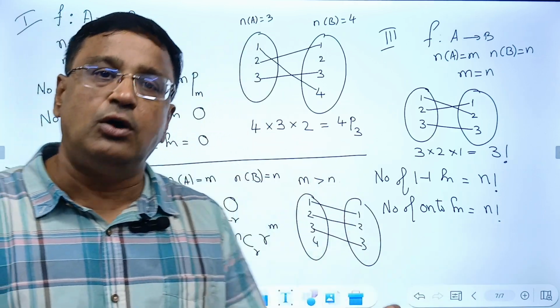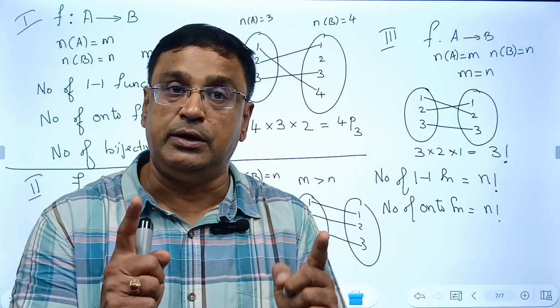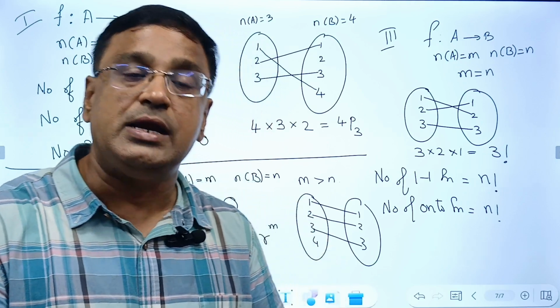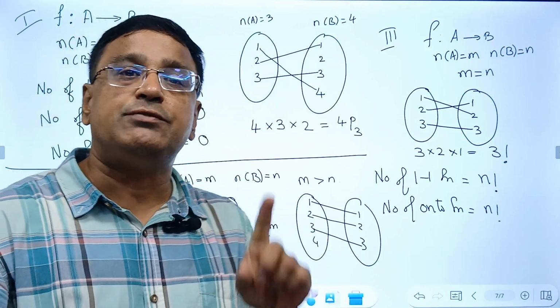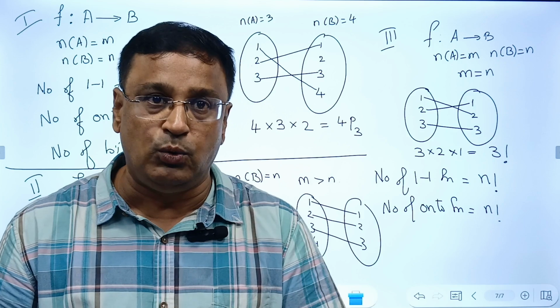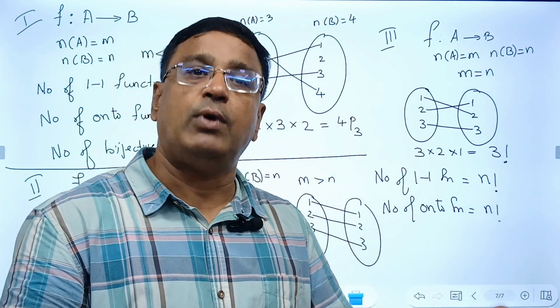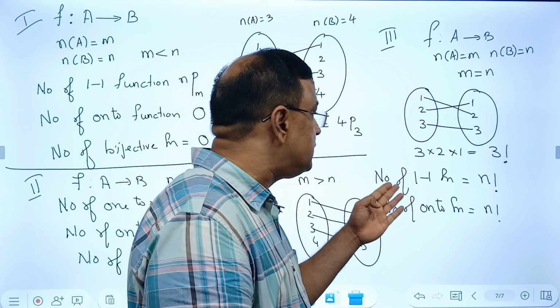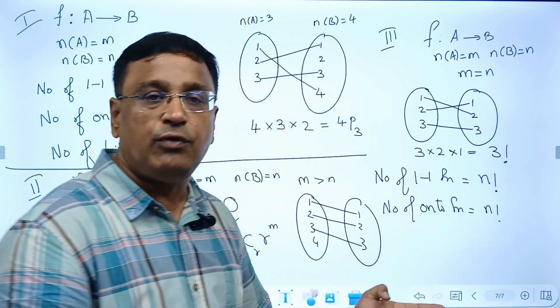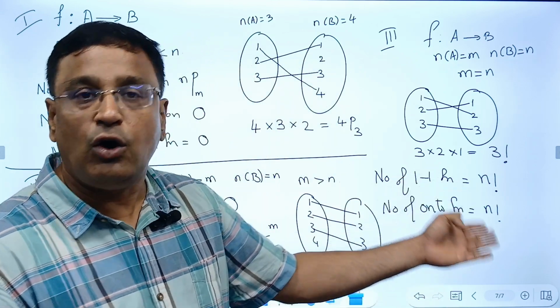If the function is onto, it has to be one-to-one. Again, I repeat, if f is a function from A to B with equal numbers of elements, if it is one-to-one, it has to be onto, and if it is onto, then it has to be one-to-one. Therefore, it's very clear that if you have n factorial one-to-one functions, there must be n factorial onto functions.